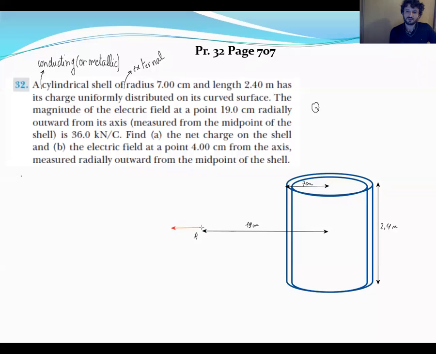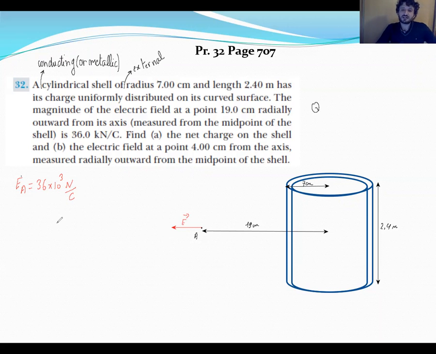So here we have E. This field E at the point A equals 36 K, K meaning 10 power 3 Newton per Coulomb.